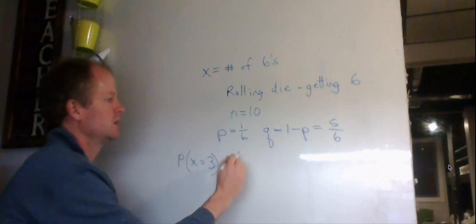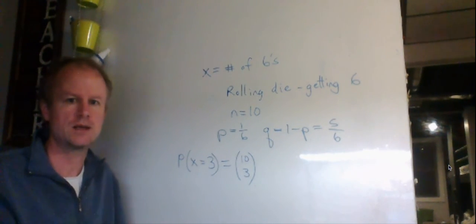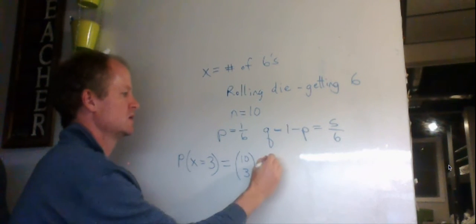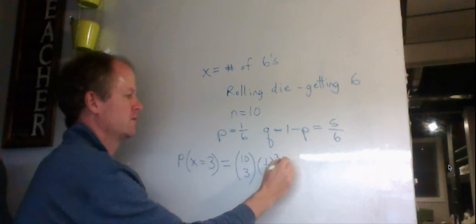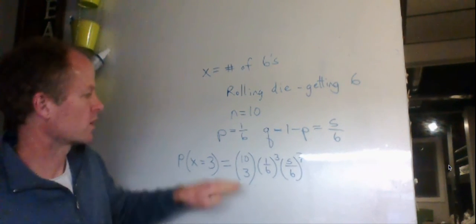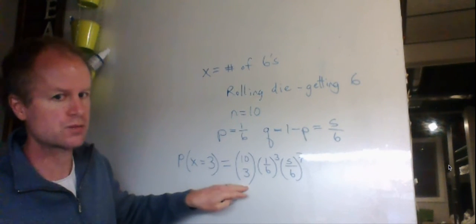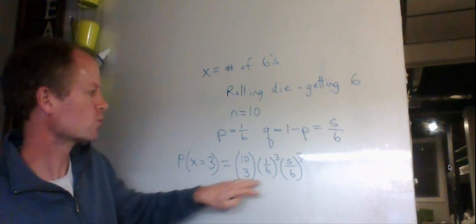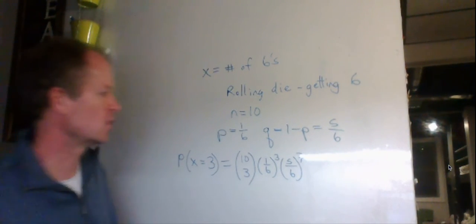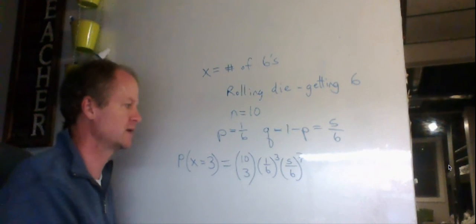I would say 10 choose 3, and then 1/6 to the 3rd and 5/6 to the 7th. This is a combination, the number of ways I can pick 3 things out of 10. Notice that the 3 and the 7 add up to 10 because I have 10 events total.